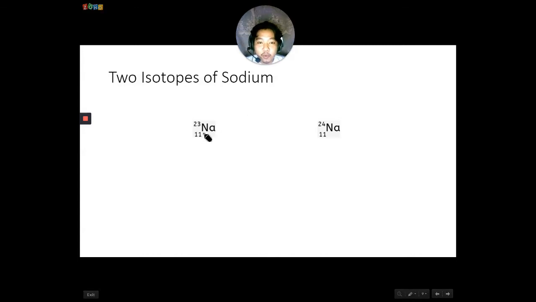Hopefully, makuha nyo. We simply say Na, or we say the name of the element. So pwede siyang maging Na or sodium, and then we say the mass number. So this will become Na23, and this one is Na24. To be more accurate, we can simply call it sodium-23 and then sodium-24.